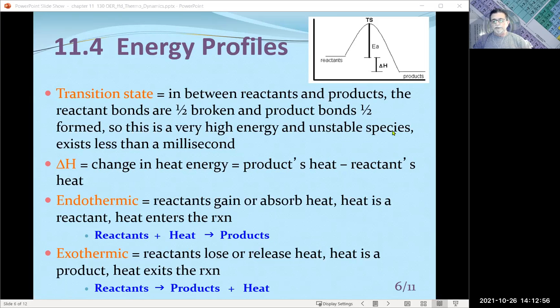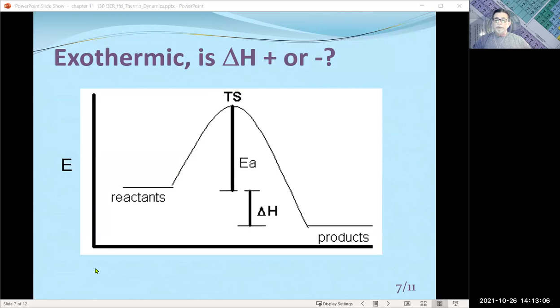This is a reminder about endothermic versus exothermic, whether heat or energy is either a reactant or a product. So in this case, I was not incorrect. It is correct because of the energy of the products right here.